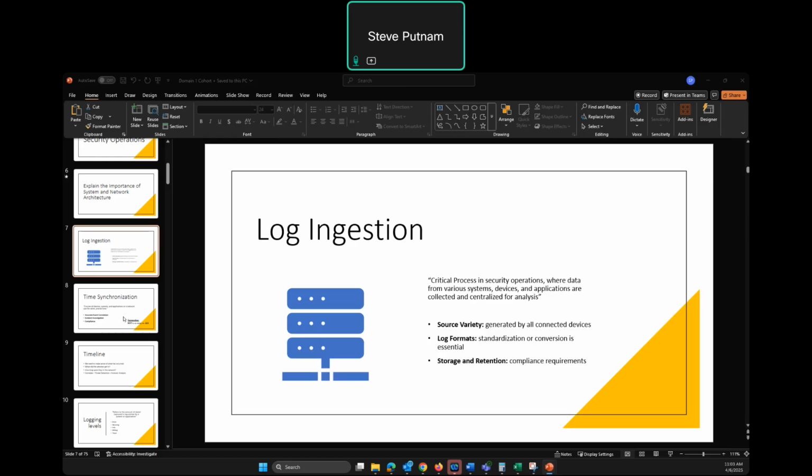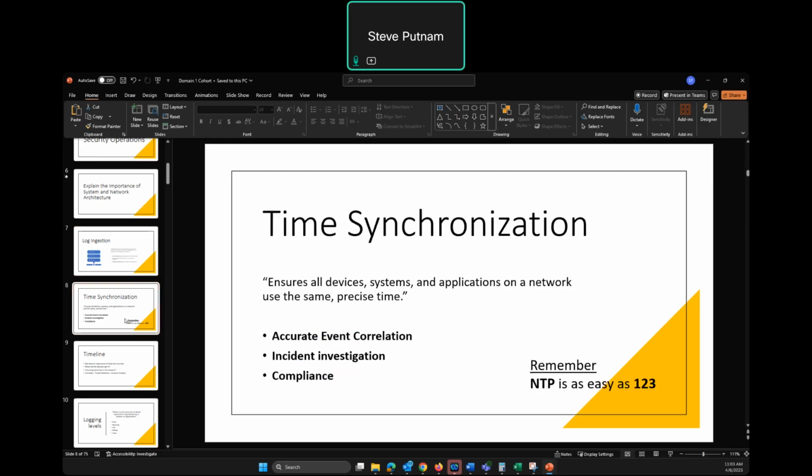All right. Next thing that's important is time synchronization. If you think about this for a minute, if every device had a different time, then how would an investigation be accurate? You would not be able to build a reliable timeline of the incident if everything had a different time.